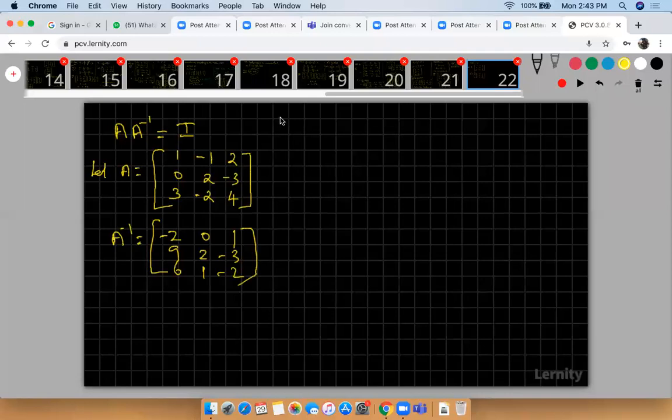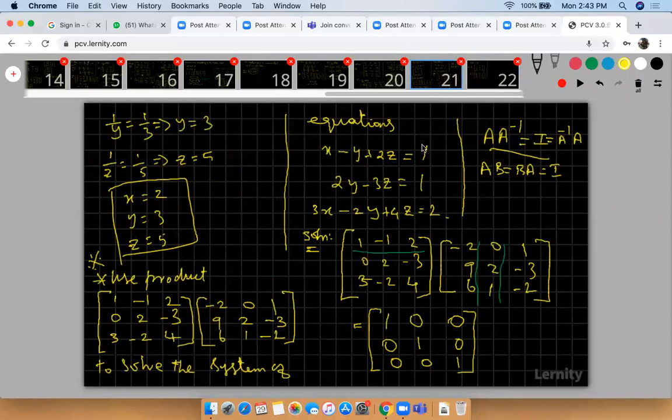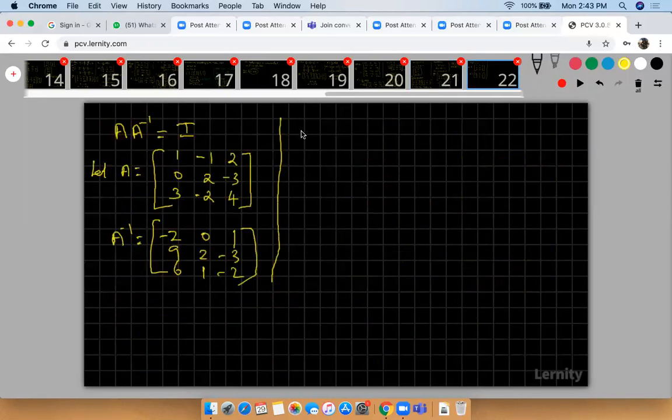Now come to the problem. The problem means solving a system of equations. The given system of equations is x minus y plus 2z equal to 1, and 2y minus 3z equal to 1, and 3x minus 2y plus 4z equal to 2.